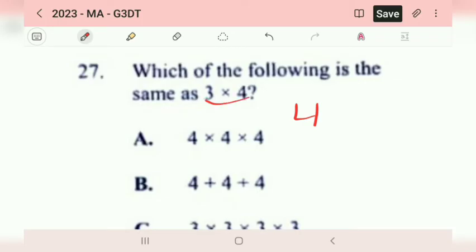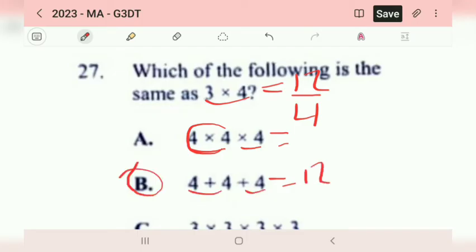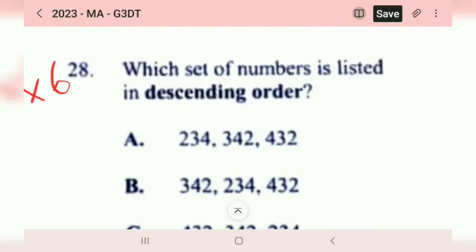So if you work this out and get the answer, now you know what to look for down here. 3 fours are 12, which means that whatever you do down here, you should get 12. 4 fours are 16, so that one is gone, because the first 2 give you more than 12 already. So you know it can't be 8. 4 plus 4 is 8, plus 4 is 12. So you know the answer is B. 3 times 4 is the same as 4 plus 4 plus 4, 3 groups of 4s.